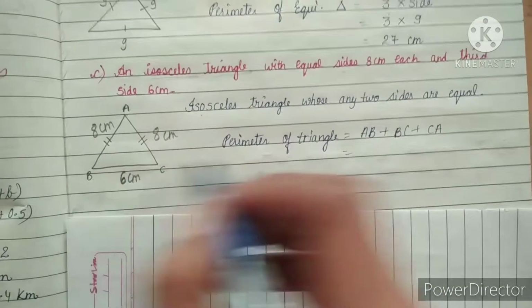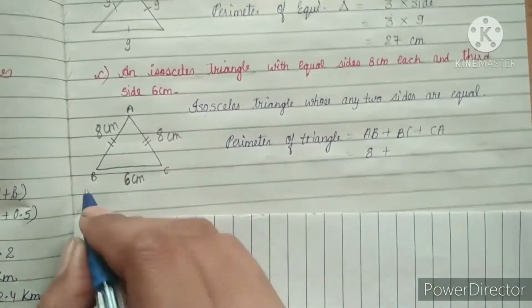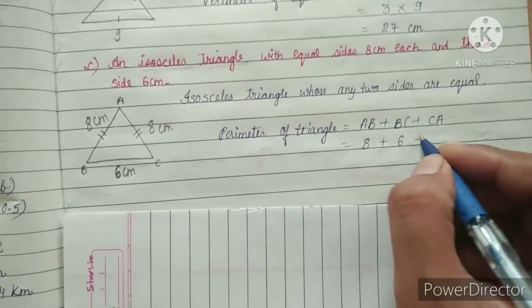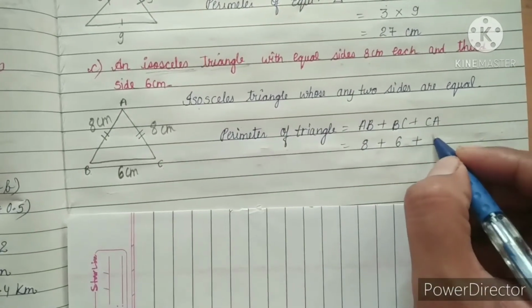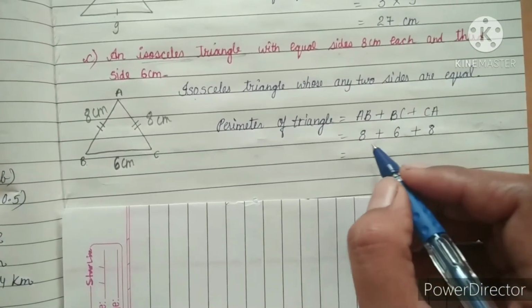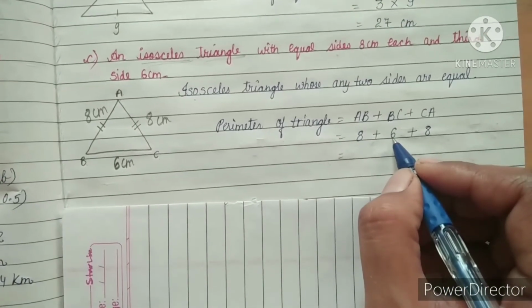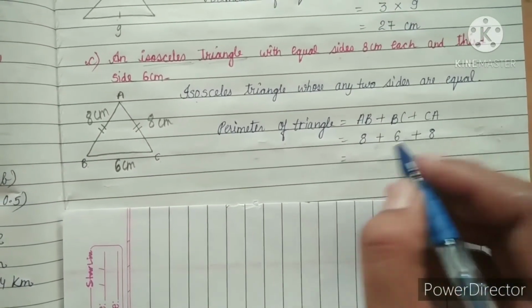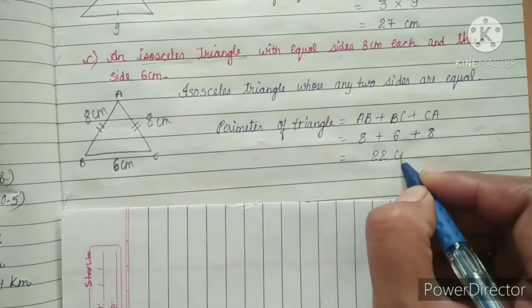AB length is 8 centimeter, BC is 6 centimeter and CA is 8 centimeter. When you simply add them, you will get 8 plus 6 is 14, 14 plus 8 is 22 centimeter.